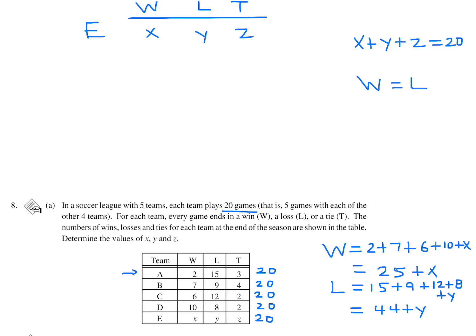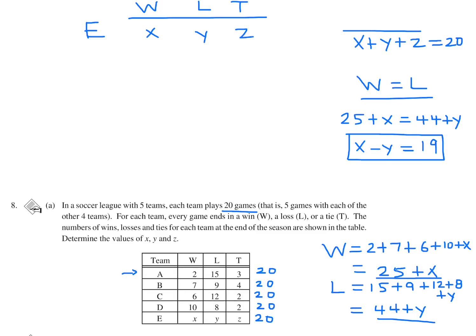But the wins and losses have to be equal, because in any game, if it's not a tie, one team wins and one team loses. So the total number of wins has to equal the total number of losses. So keeping this in mind, we can equate these two. 25 plus x is equal to 44 plus y. And this gives us, if we isolate, x minus y will be equal to 19.